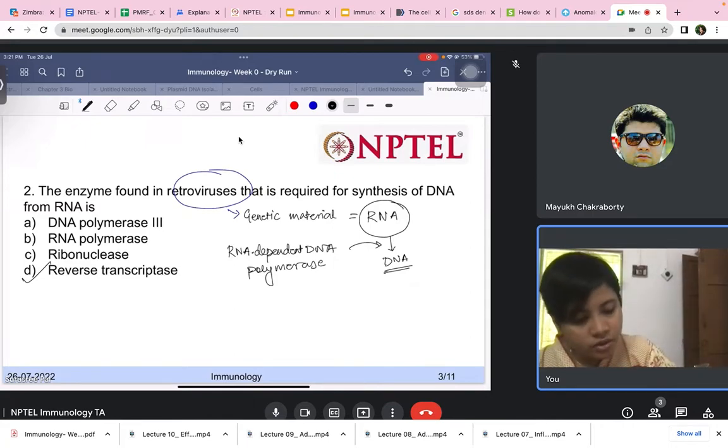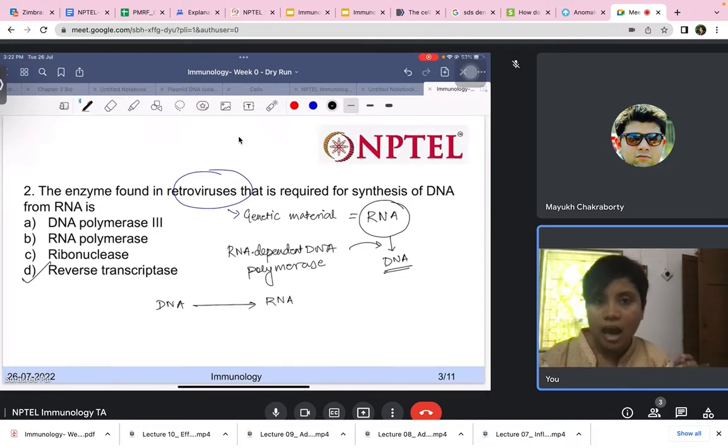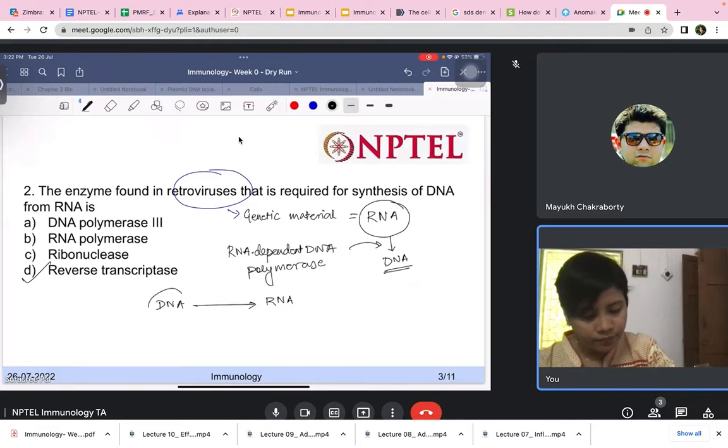Why is it called reverse transcriptase? Because when the cell produces RNA from DNA, this process is called transcription, and the process is mediated by the enzyme RNA polymerase.